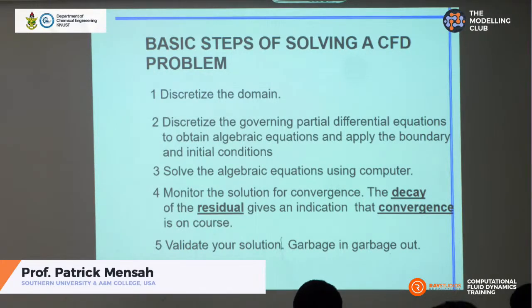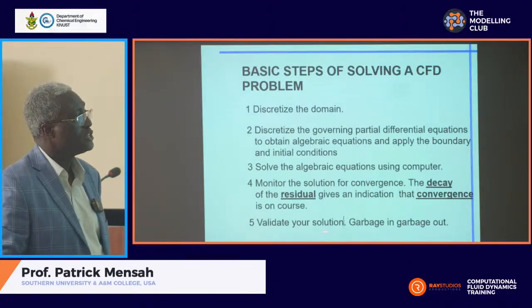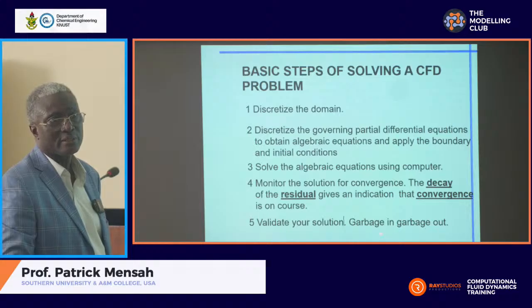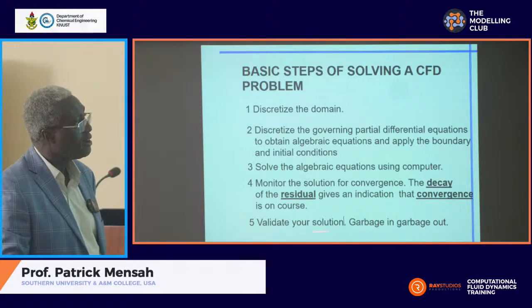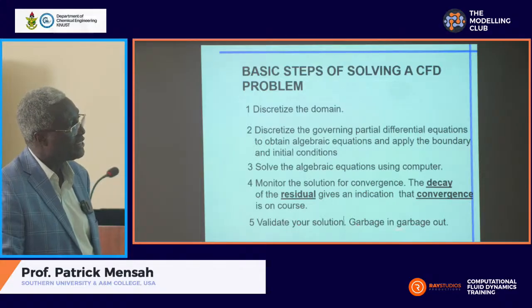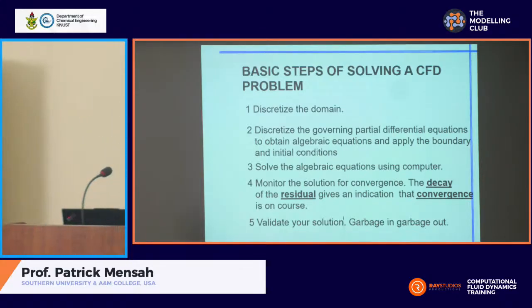You're not going to get the correct result, or your solution will oscillate forever, and so you will not get a good solution. And the fifth step here, we need to validate our solution, okay, to ensure that we are not getting bad results. Okay? We need to validate our solution against some benchmark data to ensure that we are getting very good results.